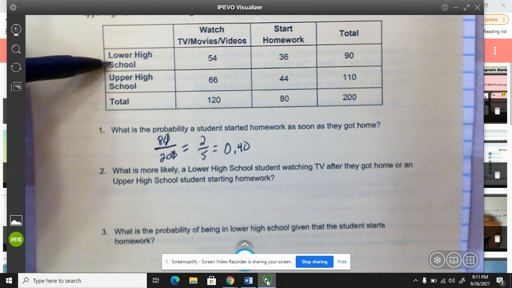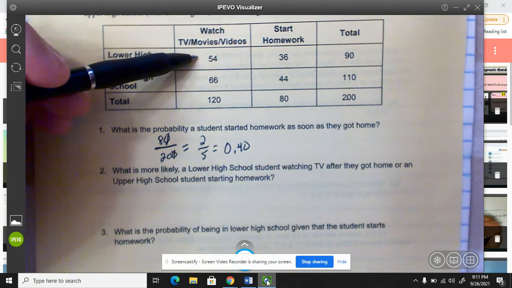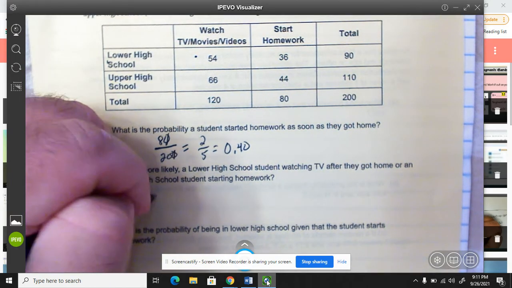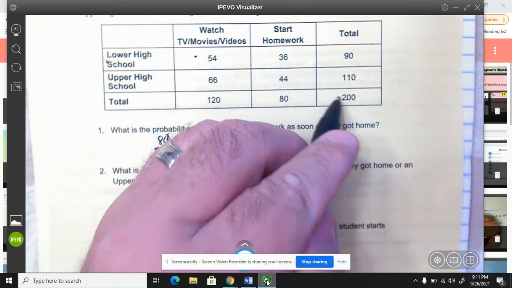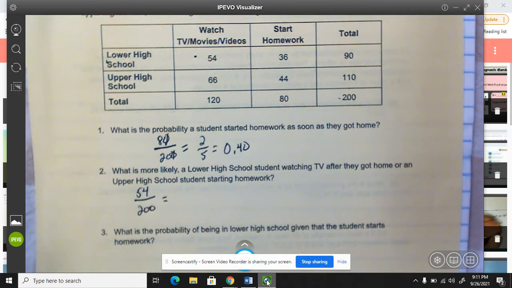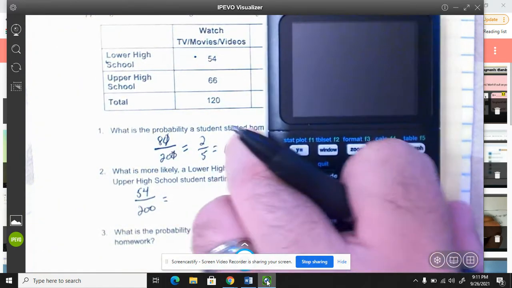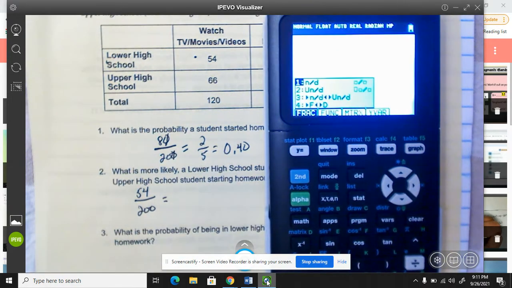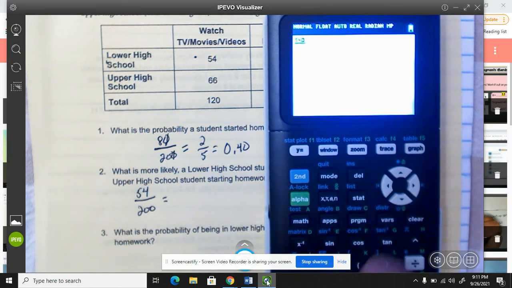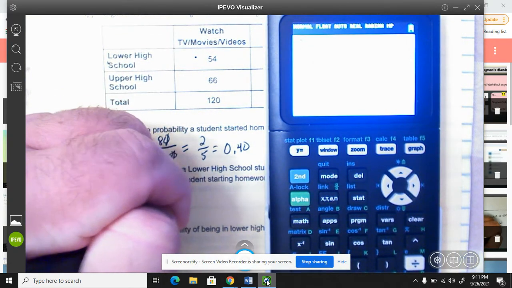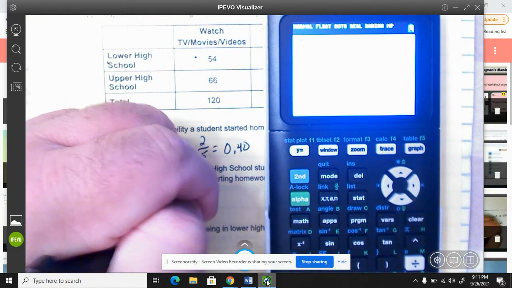If I go to lower high school watches TV, I have 54 possible out of the total 200. Again, it becomes really easy if I have a calculator. Alpha y equals, enter, 54 over 200. I get 27 over 100, or 0.27.